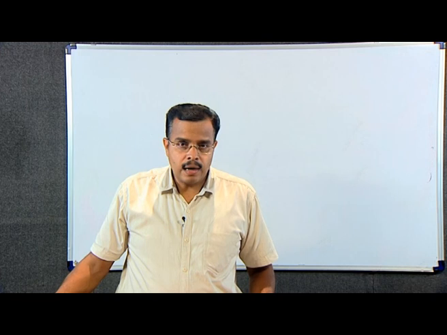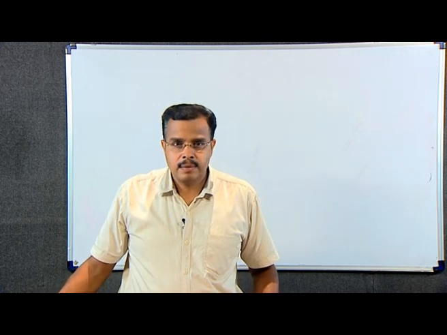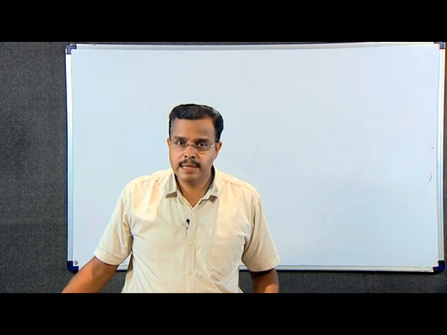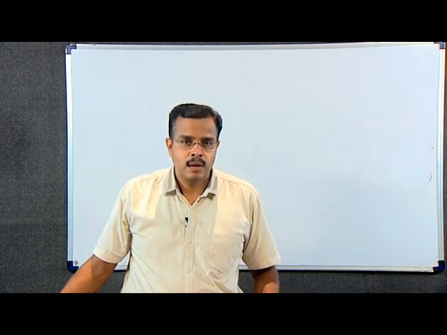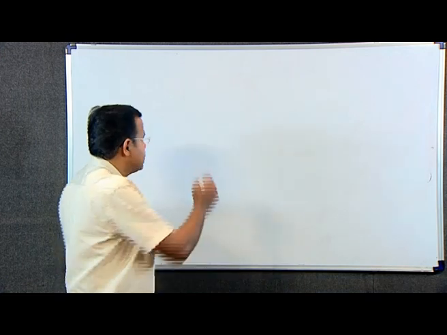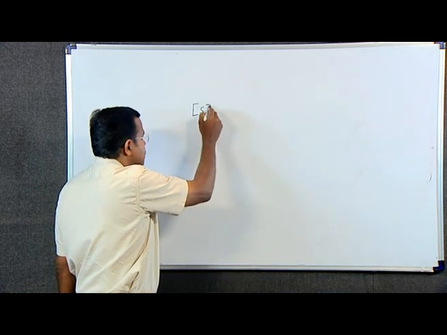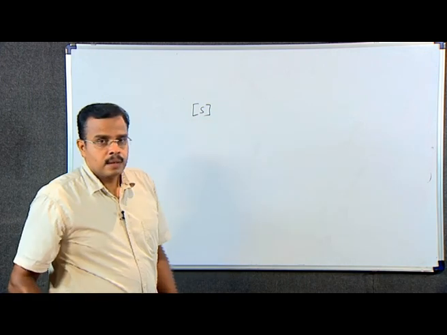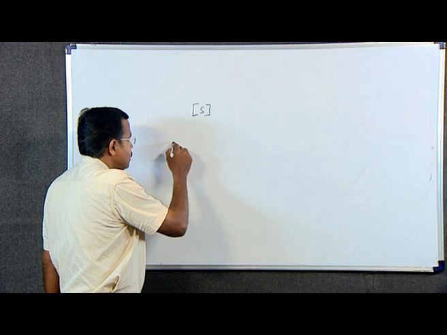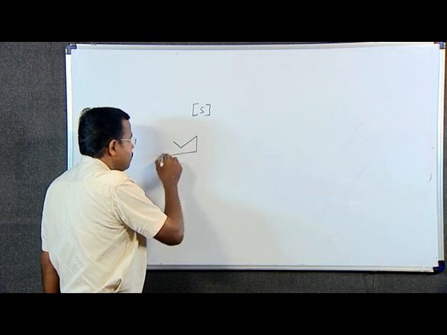Next, the convex hull of a set S is the intersection of all convex sets of which S is a subset. Convex hull of S is denoted by the symbol S. For example, consider this type of set.